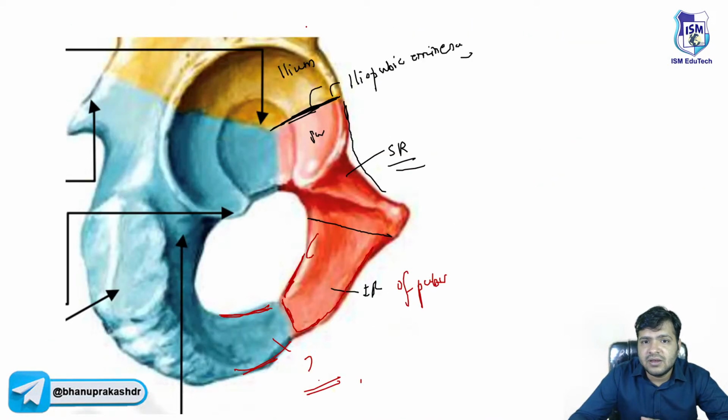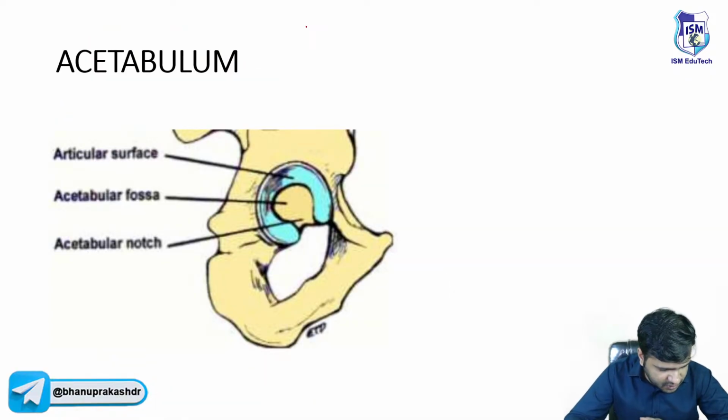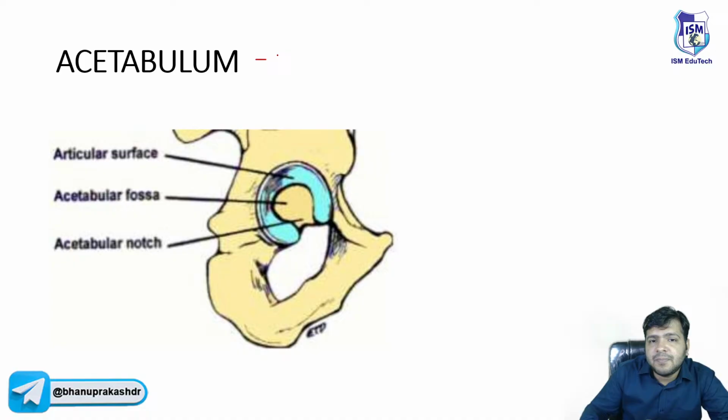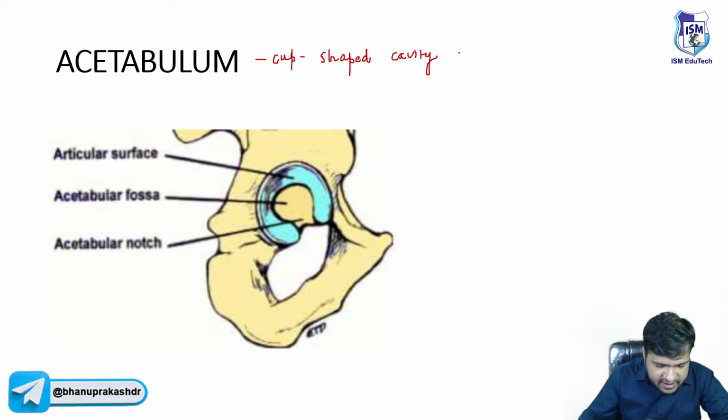That's it. Now coming on to the acetabulum, basically beta, remember it is a cup shaped cavity on the lateral aspect of the hip.